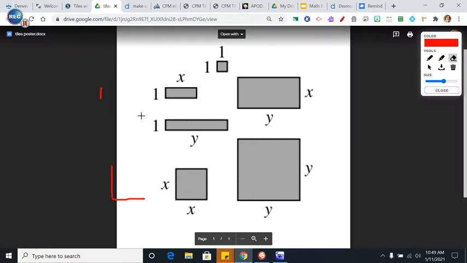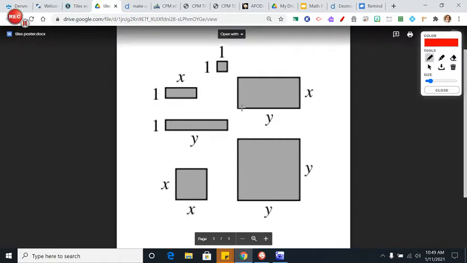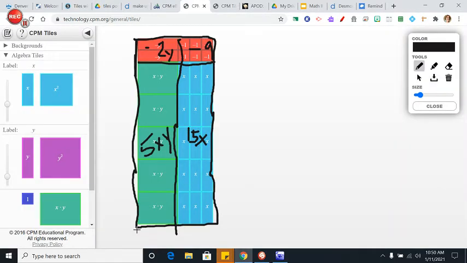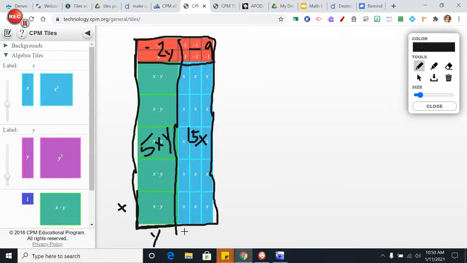So if I look at the XY tile, the long side is Y, the short side is X. So on this area model, that's the longer side, so that's actually Y. This is the shorter side, so that's actually X. And then for the X tiles, the short side is 1, the longer side is X. So this would be 1, this would be 1, this would be 1.